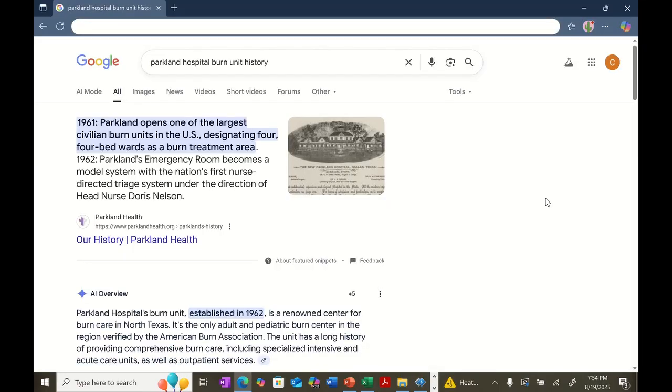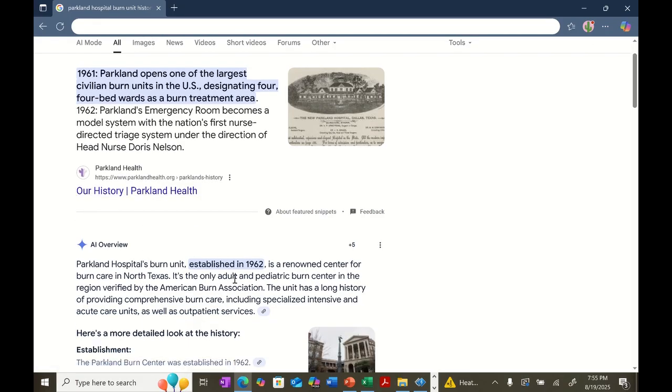This video is brought to you by this public service announcement. I just wanted to give props to Parkland Hospital in Dallas, where I work, and give a shout out to Parkland. They have a world-class burn unit. In 1961, Parkland opens one of the largest civilian burn units in the U.S. AI says established in 1962.